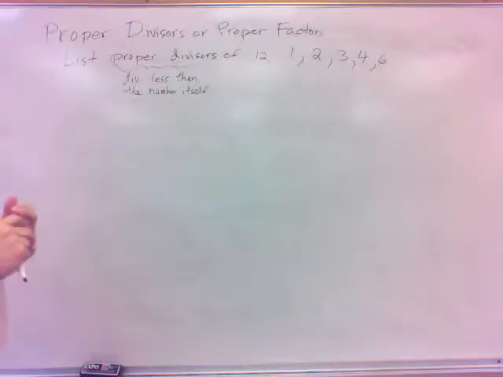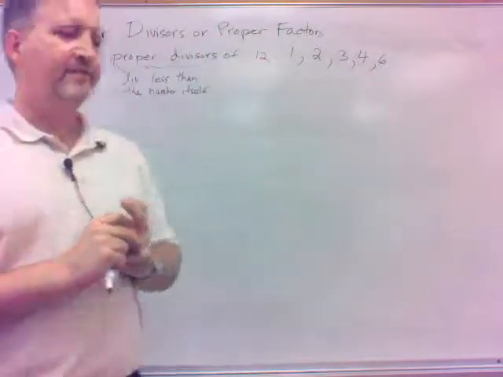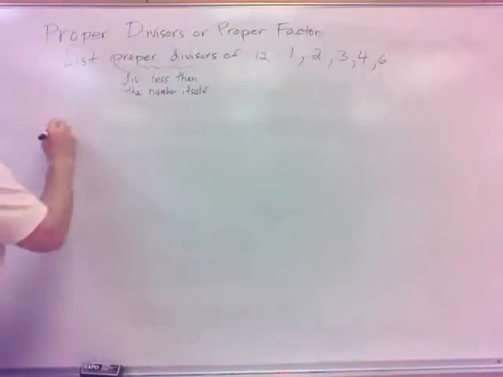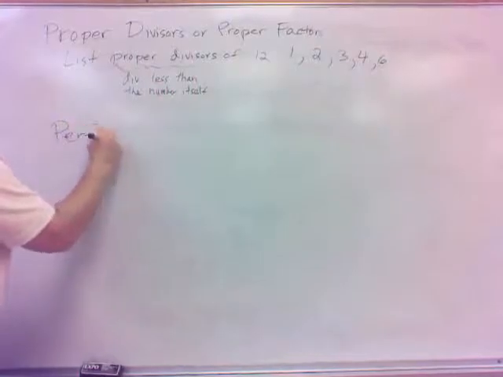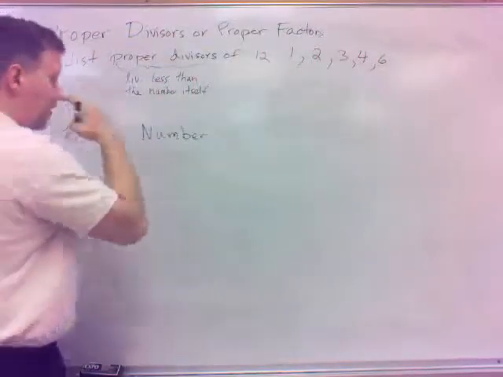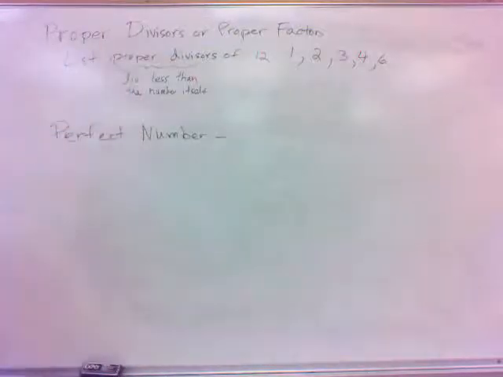So that's proper divisors. Now, the reason I mention that is because these next three things I want to talk about here have to do with the proper divisors. First of all, it's a perfect number. Yeah, there do exist perfect numbers. There's not any perfect people, but there are perfect numbers, okay?